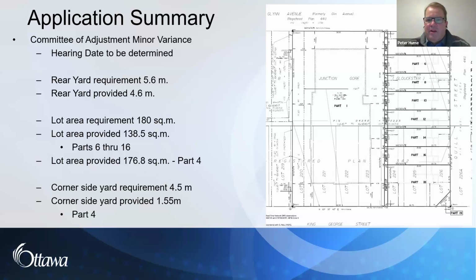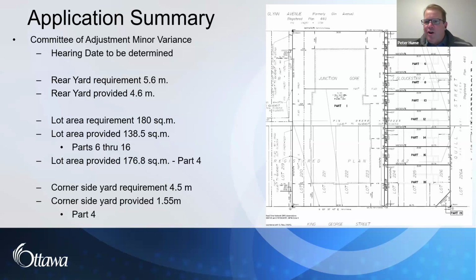It's the lots in between, parts 6 through 16, where we know that we're going to have to seek a minor variance to allow for a lot area of less than 180 square meters. We're anticipating that those are going to be in the range of 138.5 square meters, each of those lots.